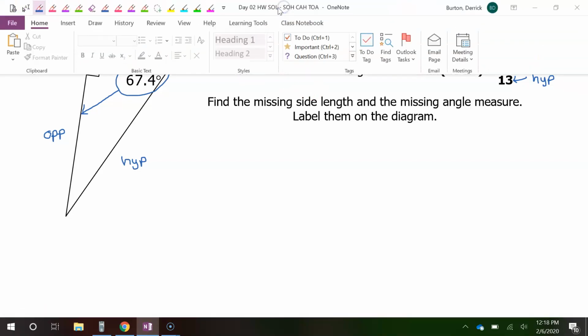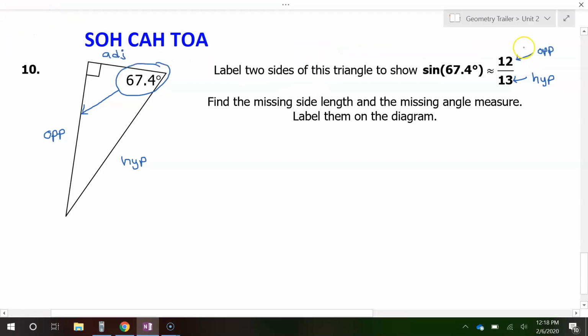Okay, now, since we know that 12 is opposite, then we know that the 12 is this side right here. We know that 13 is the hypotenuse, so we know the 13 goes right here. We need to find the missing side, and we're going to use the Pythagorean theorem for that.